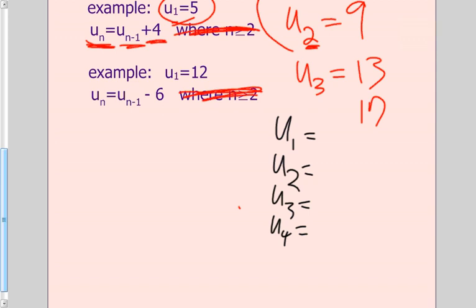Just find the first 4 terms of u and compare them with what you get for the person next to you for this example right here.